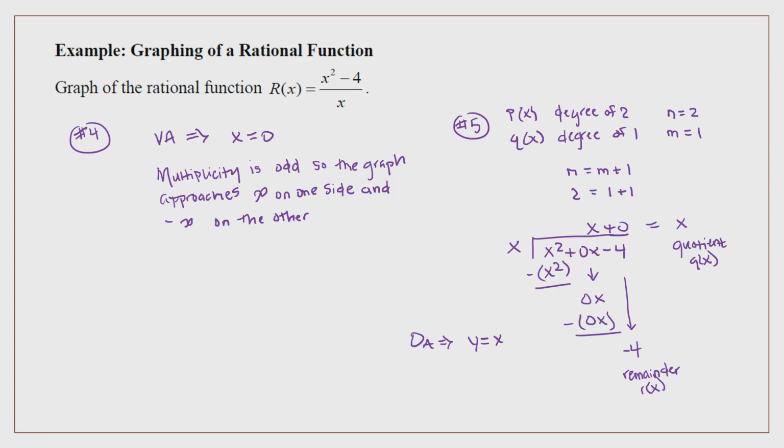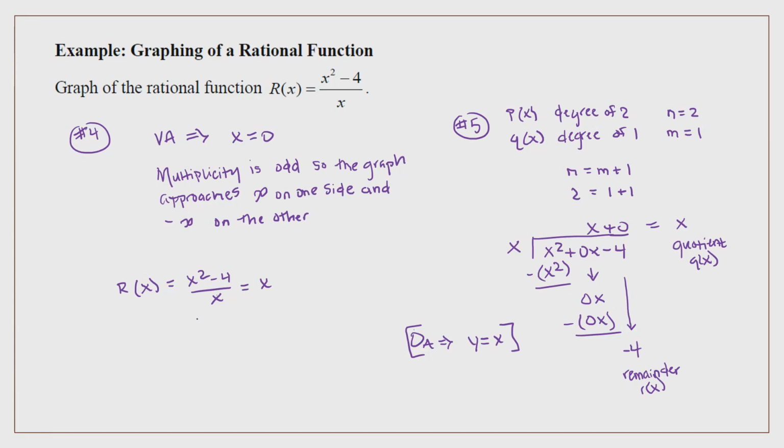Now, we also want to know if there is a point that lies on this asymptote. So is there an x value that gets us y equals x? To do that, we're going to set r of x, that's x squared minus 4 divided by x, equal to x, which is the oblique asymptote, and solve for x.